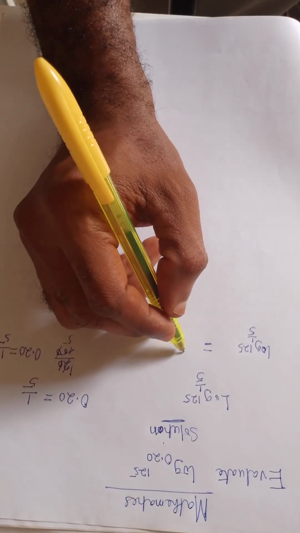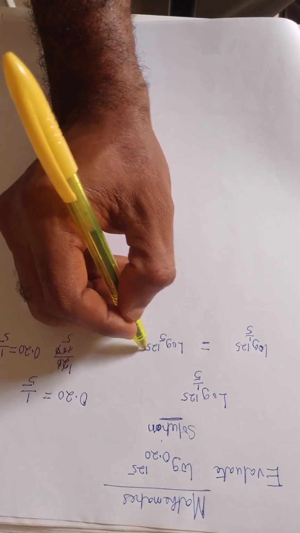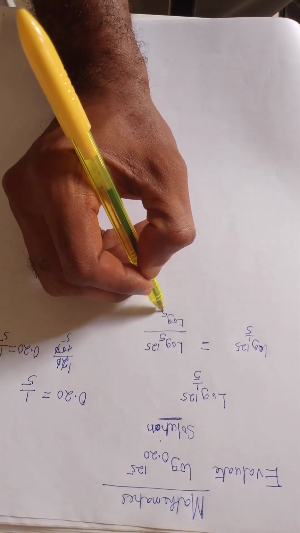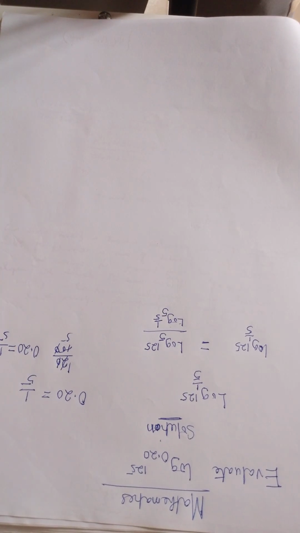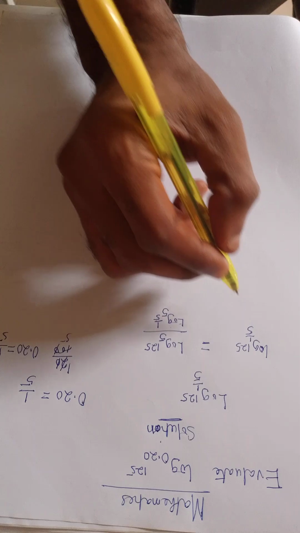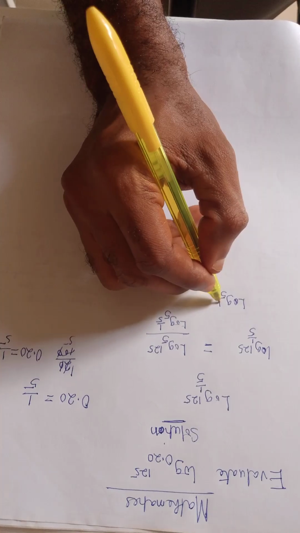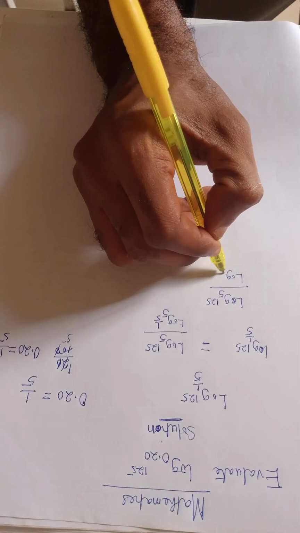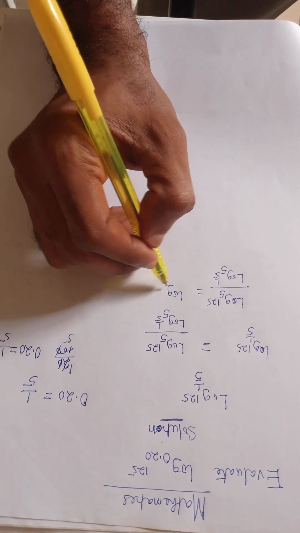So we say log base 5 of 125 divided by log base 5 of 1 over 5.